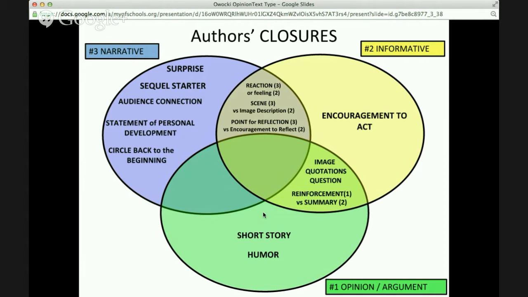As you begin to bring all of these pieces of writing together in your understanding, I thought this visual was really a nice way to help us process everything we've learned.